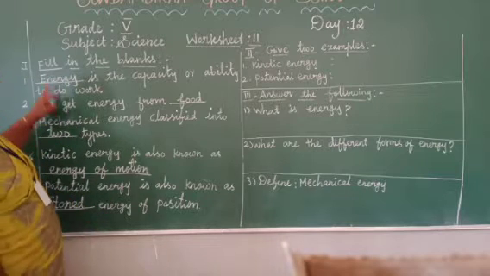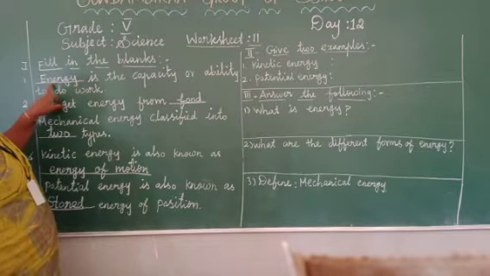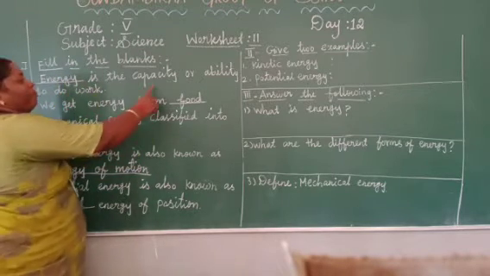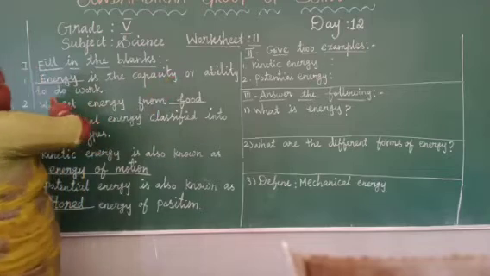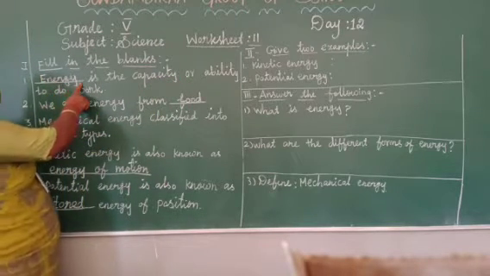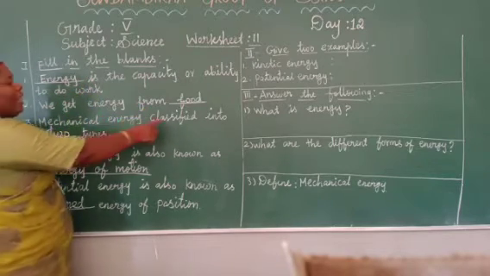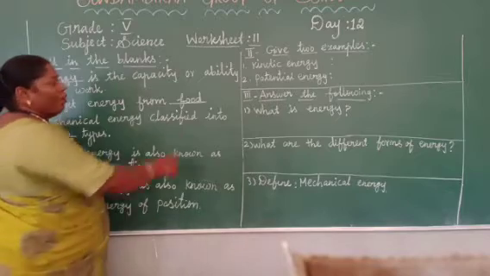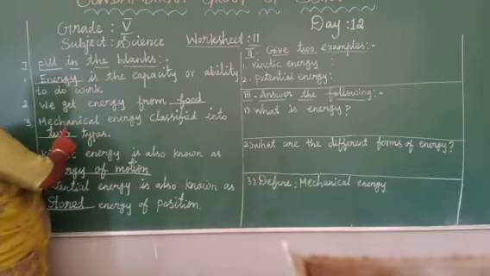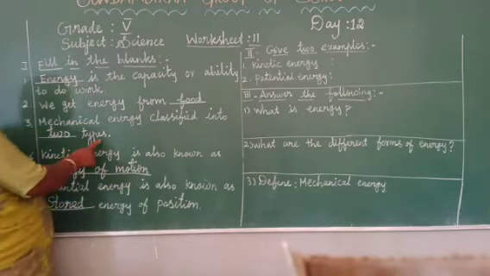You check the answer. The first one, fill in the blanks. First question, energy is the capacity or ability to do work. E-N-E-R-G-Y. Energy. We get energy from food. F-O-O-D. Food. Mechanical energy is classified into two types.